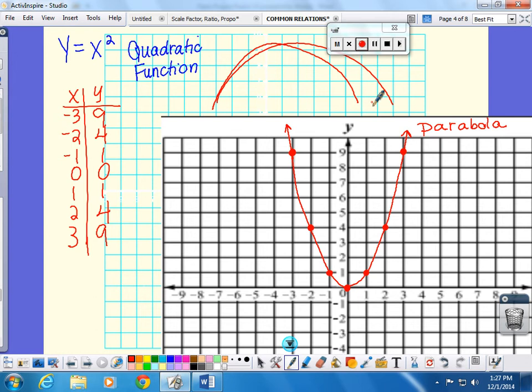Think about shooting a gun. The force in the gun pushes the bullet or the shell out, and it reaches a certain height, and then what's the force that begins to pull it back down? Gravity pulls it back to the ground. It doesn't suddenly fall, but it travels horizontally until it finally hits the ground.